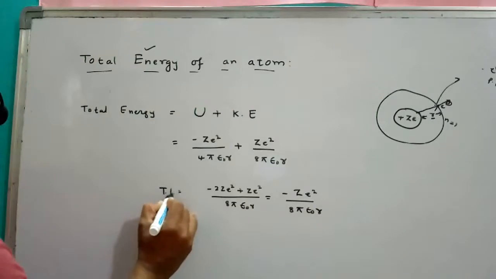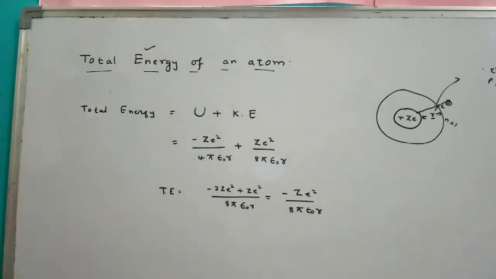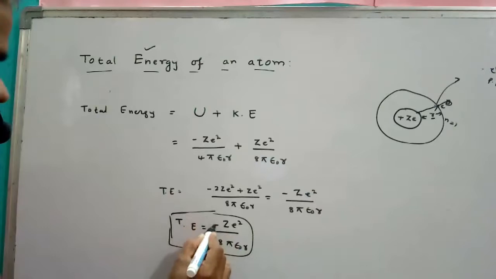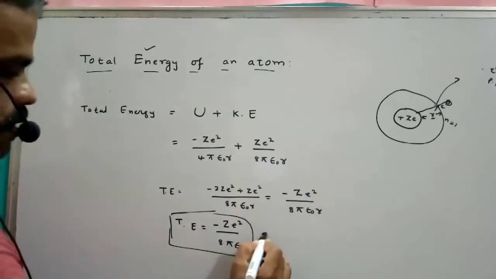The total energy is minus Z e square by 8 pi epsilon naught r. So this is negative. Here we get the value, total energy, in a negative term. That means it is attraction energy.